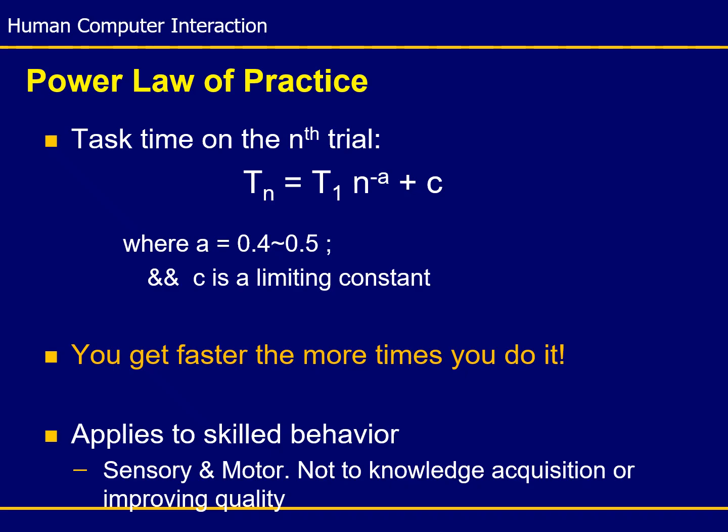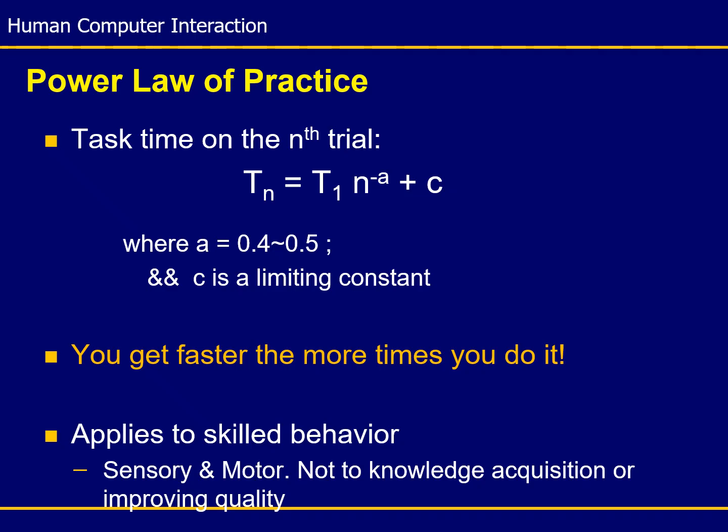Now, is this useful? I would say yes, it's somewhat useful because it gives you a sense of how much improvement you can actually gain over time. So if T1 is taking you, say, 7 seconds, that's limiting because you will not get much faster. You will not drop because of the constants that exist here.